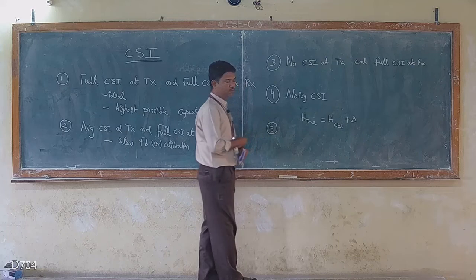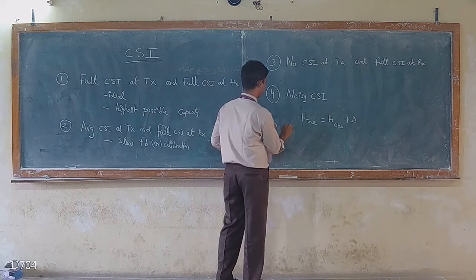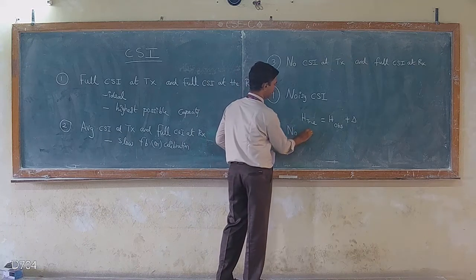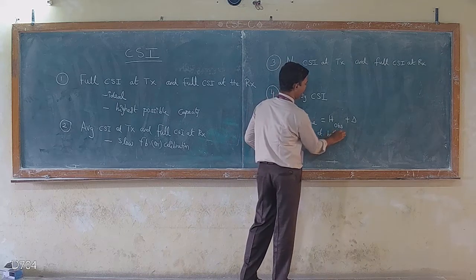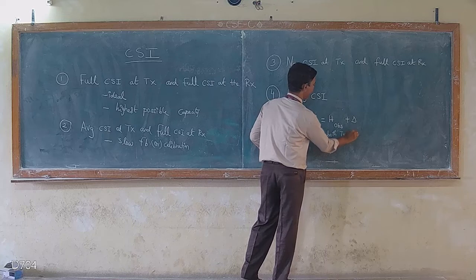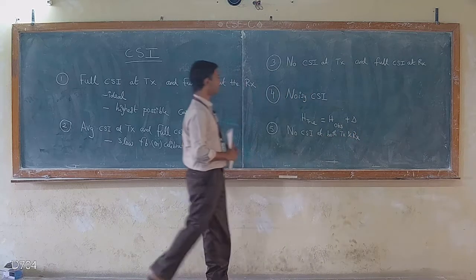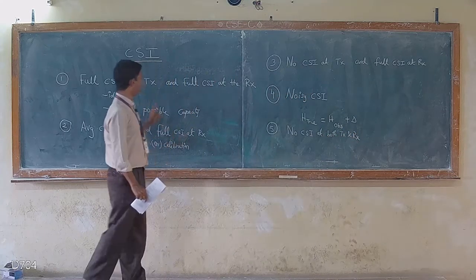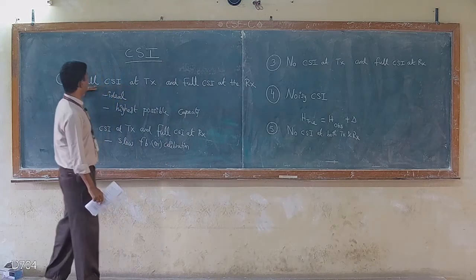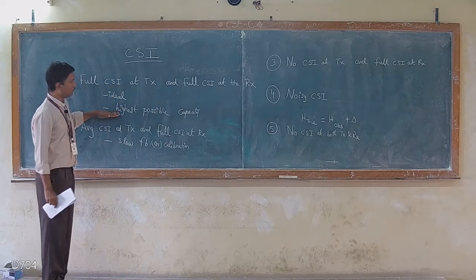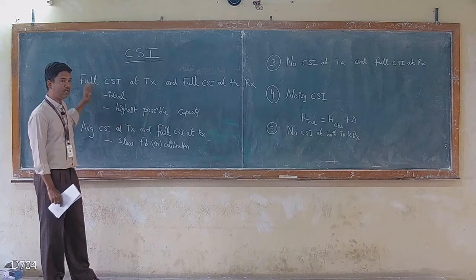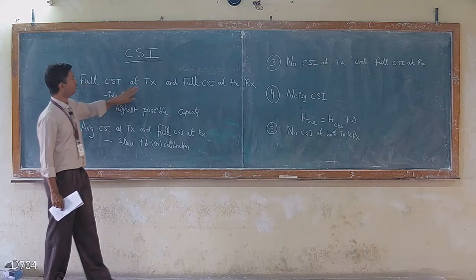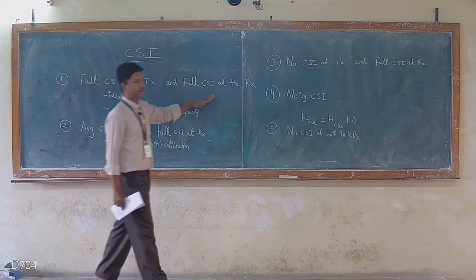And the last case, fifth case is no CSI at both transmitter and receiver. So among all the four, what we told is you can achieve the highest possible capacity when the instantaneous channel state is known for both the transmitter and receiver.